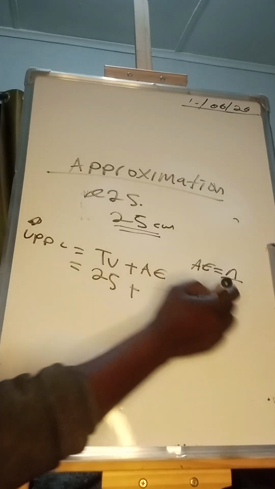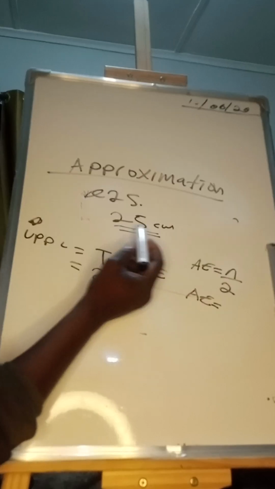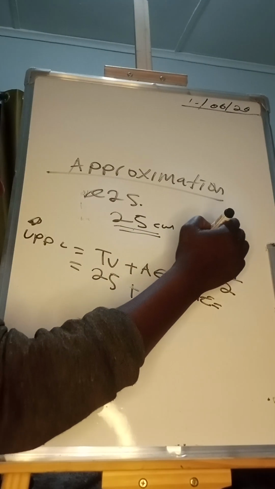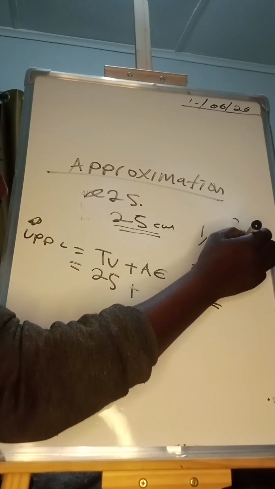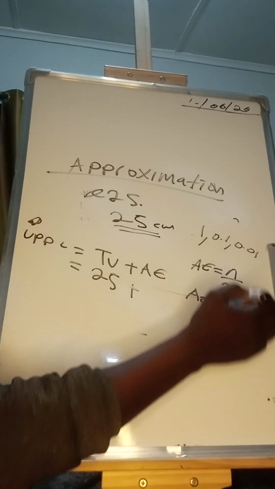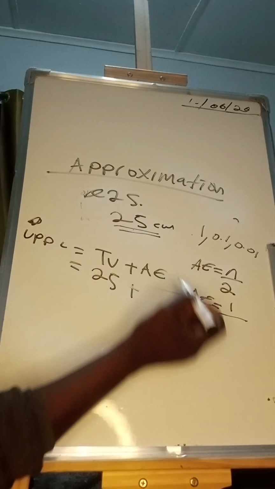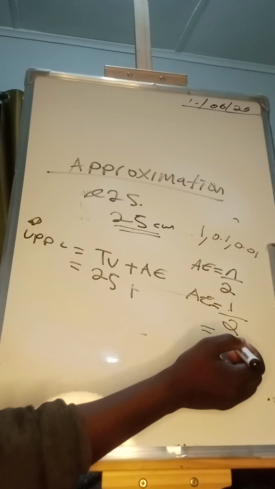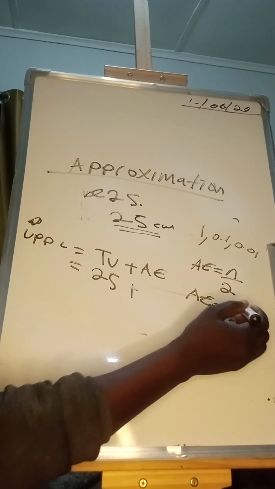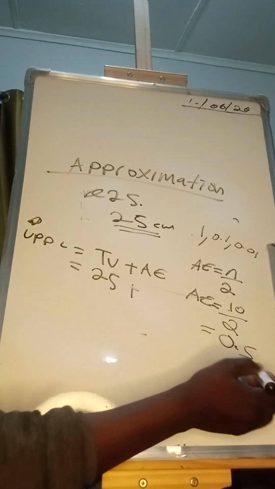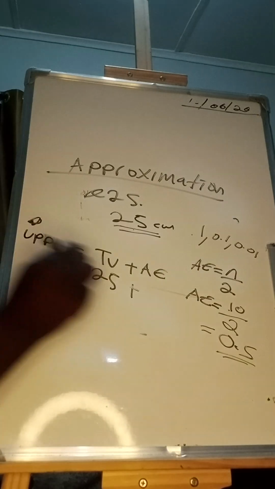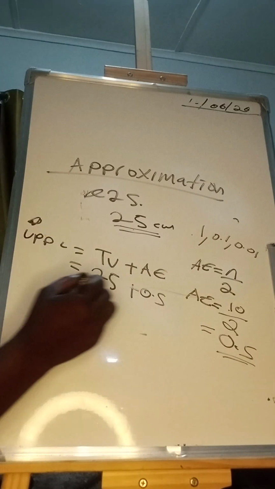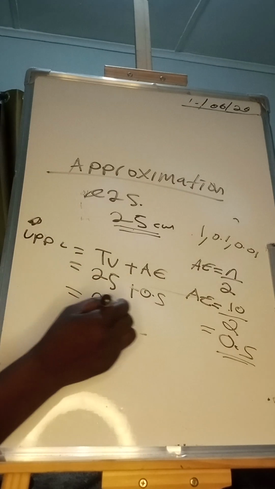I mentioned this doesn't have decimals, so between those numbers 1, 0.1, 0.01, you use the first one, 1. If there's one decimal, you use this one. 2 into 1, it can't. You write 0 point, you add a 0. 2 into 10 is 5. This is your absolute error. You add it here. So the answer will be 25.5.